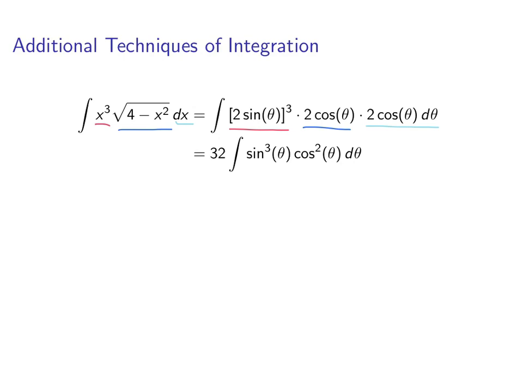If you work it all out, you'll get 32 times the integral of sine cubed theta cosine squared theta d theta. You should make sure to stop and check that you have all the pieces put together, that you see the transformation from the x to the theta integral, and then the cleanup into what we have now.